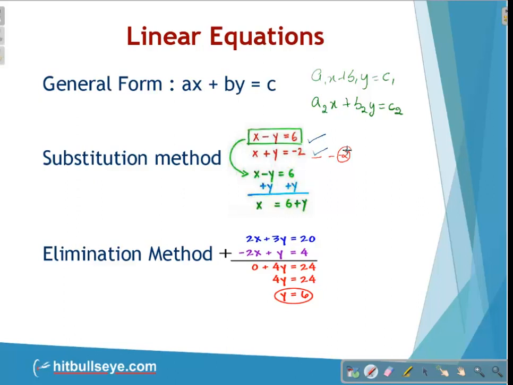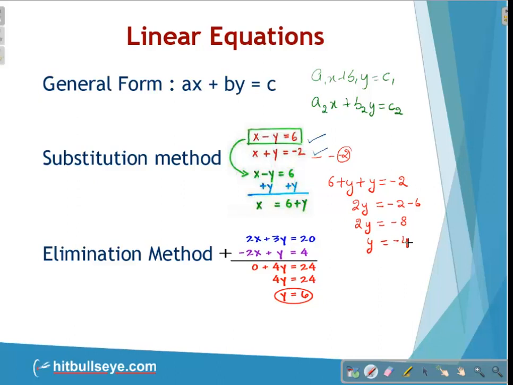Now when I'll be putting up the value of x in this equation, I'll be getting 6 plus y equals to minus 2. That means I'm getting 2y equals to minus 2 minus 6, 2y equals to minus 8 and y equals to minus 4.